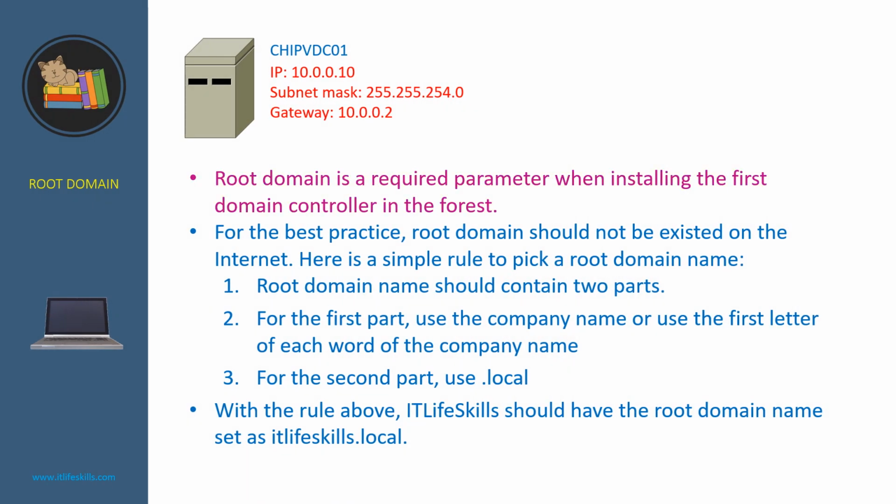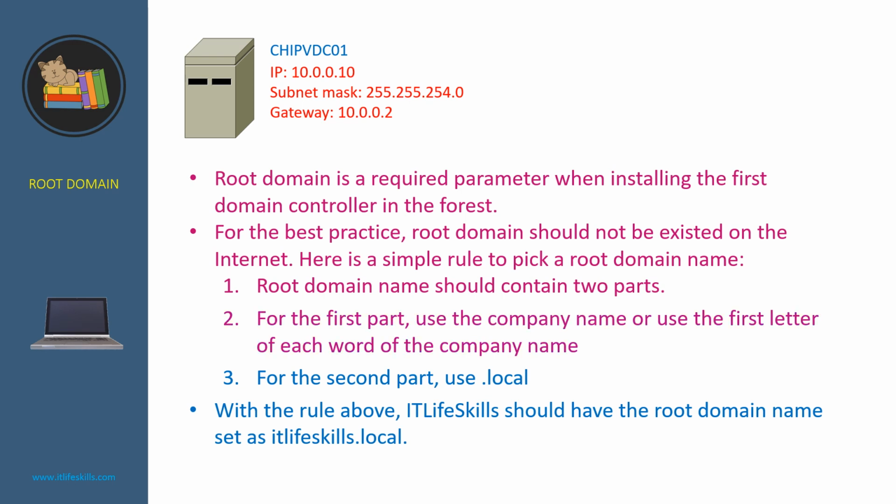Root domain is a required parameter when installing the first domain controller in the forest. As a best practice, the root domain should not exist on the internet. Here is a simple rule to pick a root domain name. The root domain name should contain two parts.